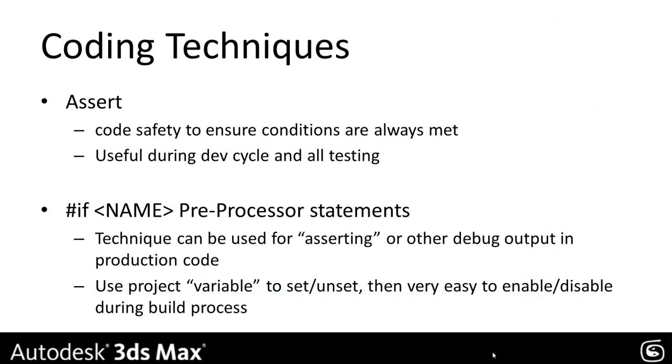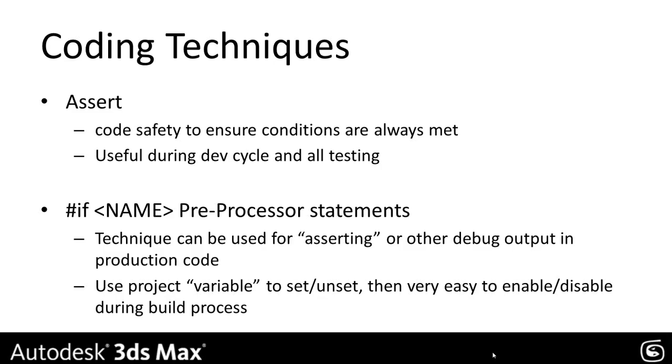So some other coding techniques, something that's commonly used is the assert. This is something that ensures code safety, basically ensures conditions are always met, and it's definitely useful during the dev cycle and any of the testing. One of the ways we use it is in combination with preprocessor statements.